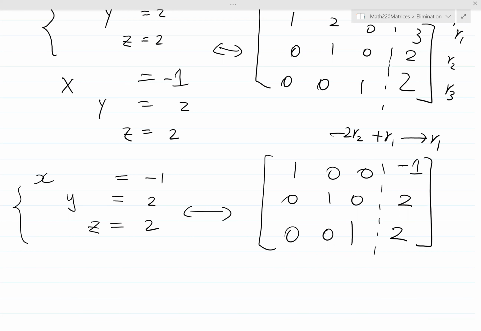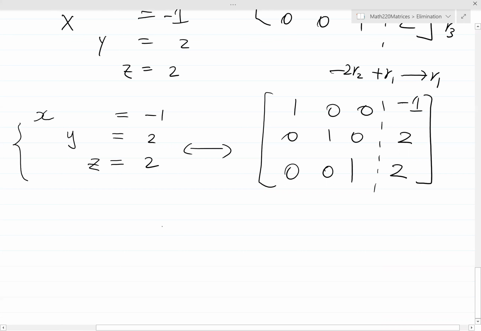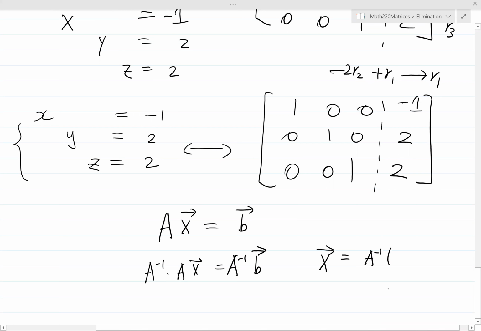Another thing that you need to keep in mind is, you can write this linear system in vector form, as AX equals B. Now, if you have an inverse matrix, A inverse times A X equals A inverse B. So you get X is actually A inverse B. The elimination process actually gives us an algorithm to produce A inverse.